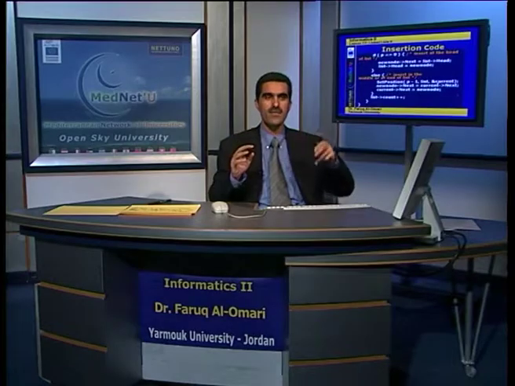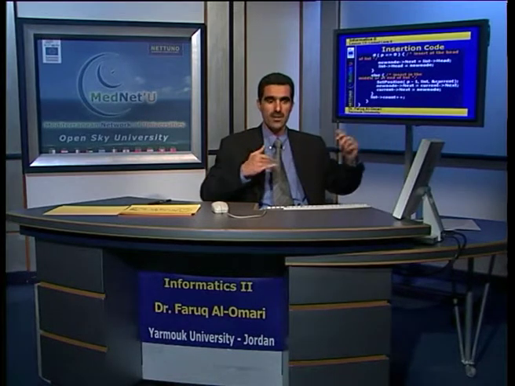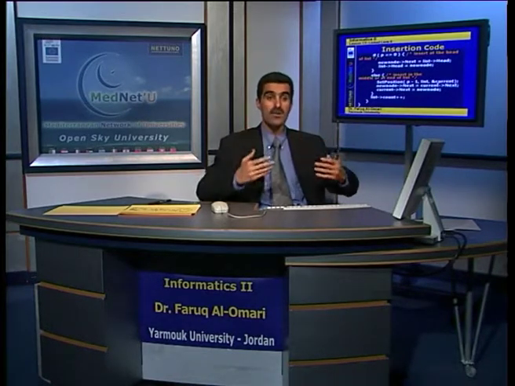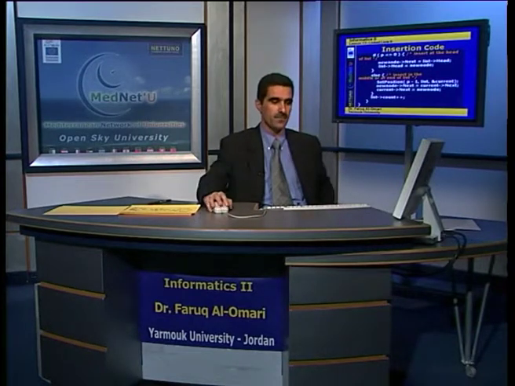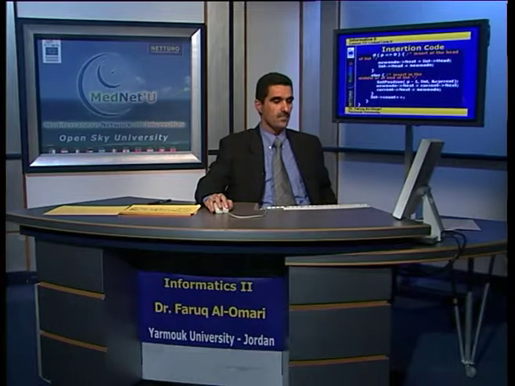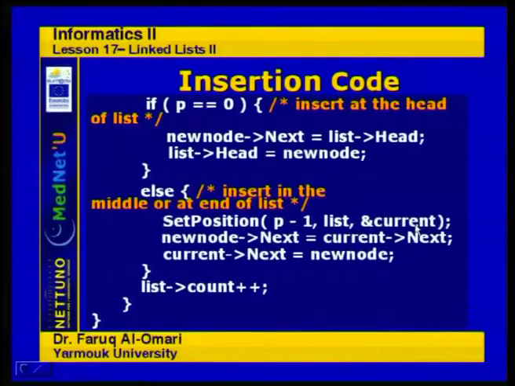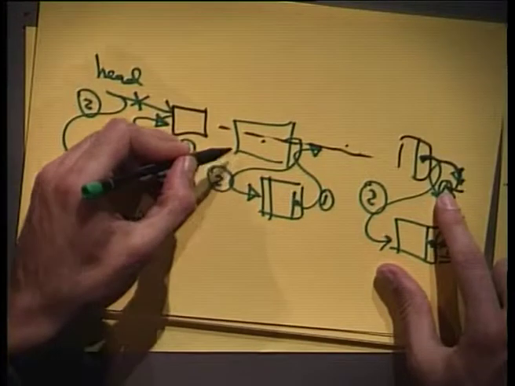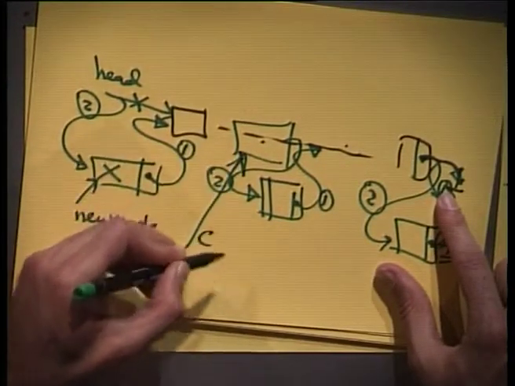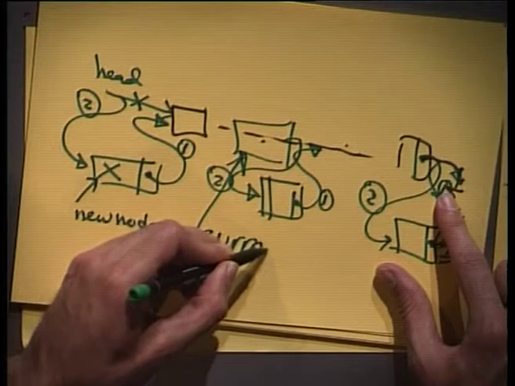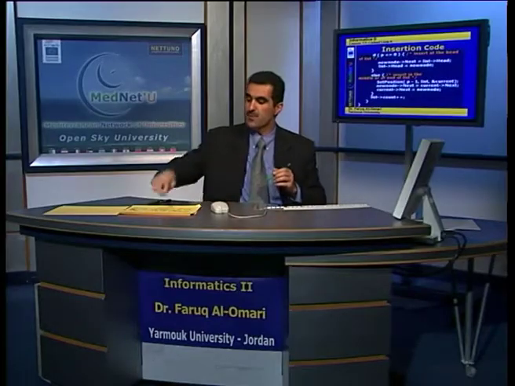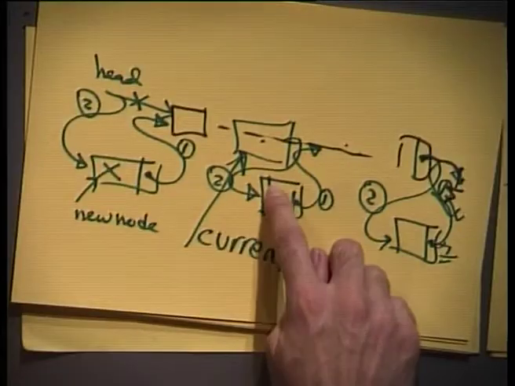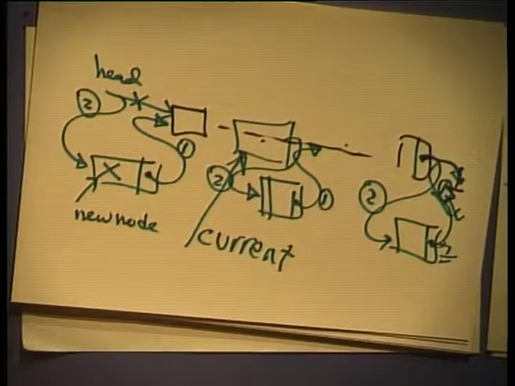Remember, I had asterisk current in there. So I have to pass the address of the pointer which points to the node. A pointer to a pointer, okay? So as a result of this, when it comes back, I will have a pointer called current actually pointing to this. All right? The node just before the position I want to insert the new node into.